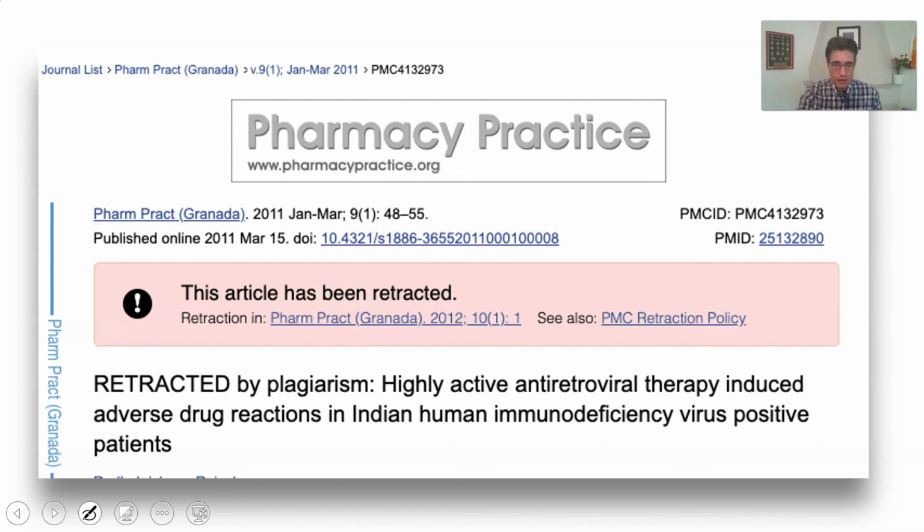This article was originally titled "Highly Active Antiretroviral Therapy Induce Adverse Drug Reactions," okay? And here you have now this preceded by the statement from the journal, retracted by plagiarism. And this has to stay up there because it was published by the journal, unfortunately.